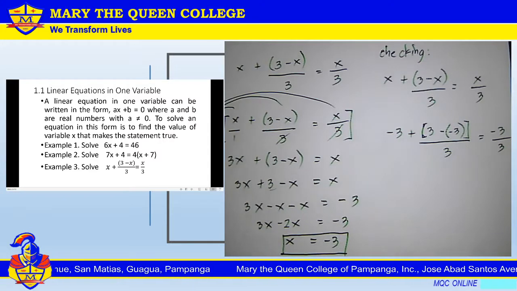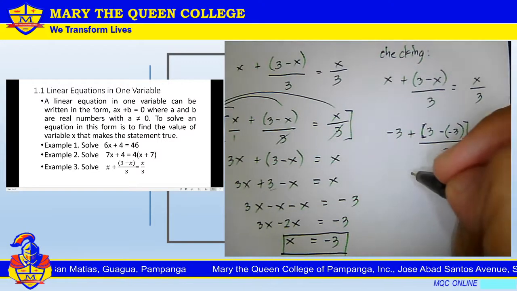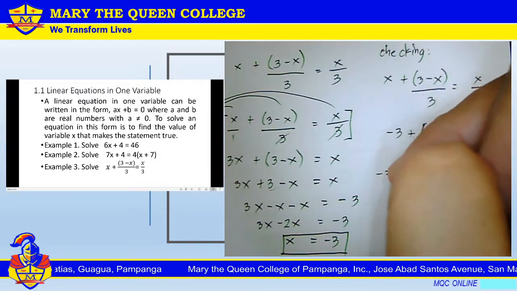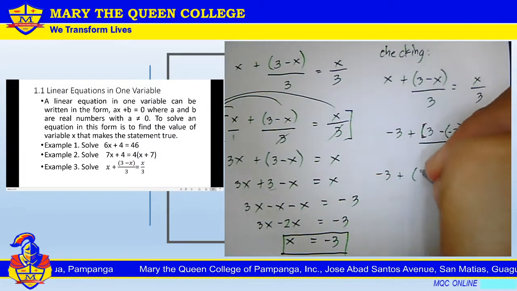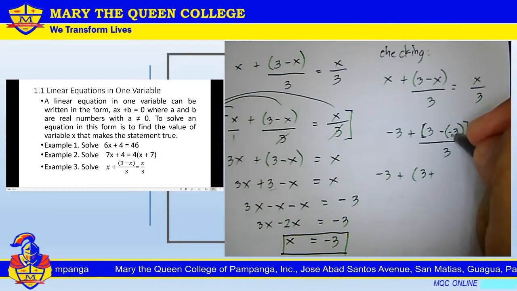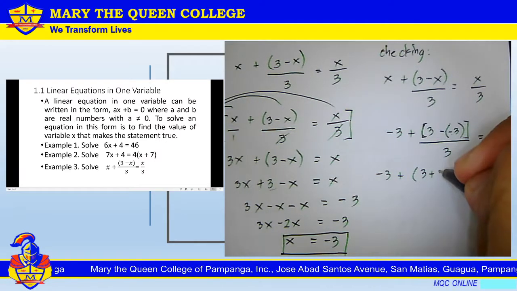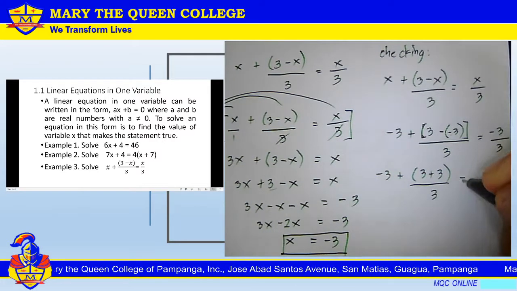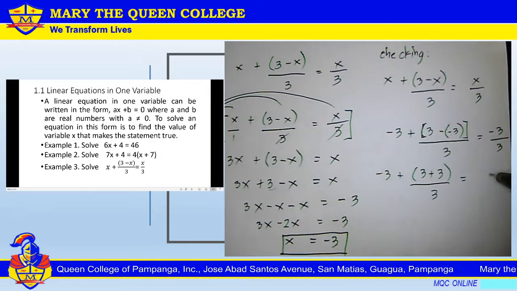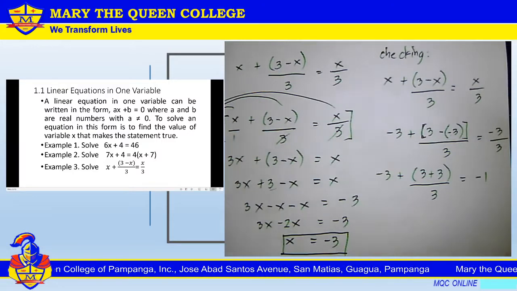Okay? So from here, simplifying it further, we have negative 3 plus 3 plus negative times negative, that would be positive, 3 plus 3 all over 3 is equal to negative 3 divided by positive 3, that would be negative 1.